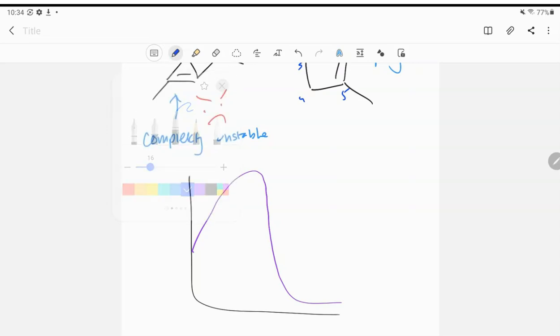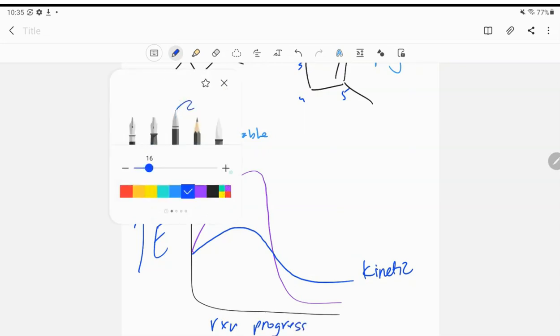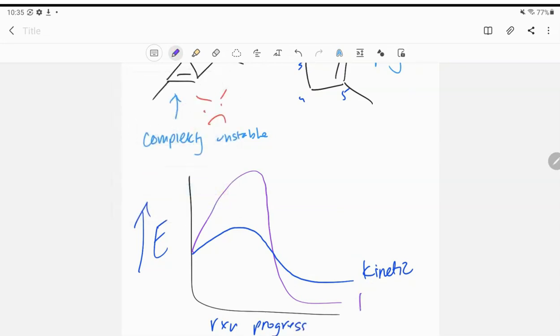You're having two competing reactions happen, right? And let me try to draw that again a little bit nicely. This one here is our kinetic product. So if we think about energy as an axis, if we're drawing it as a graph, and this is our reaction progress as our reaction is taking place, this purple one is our thermodynamic product.